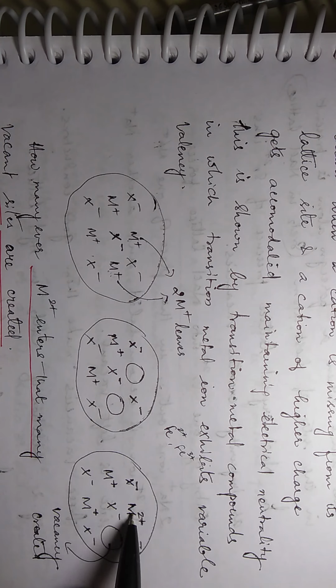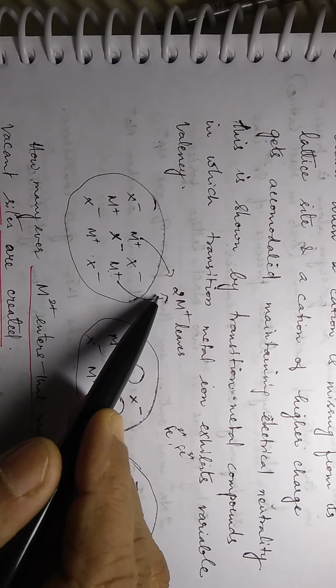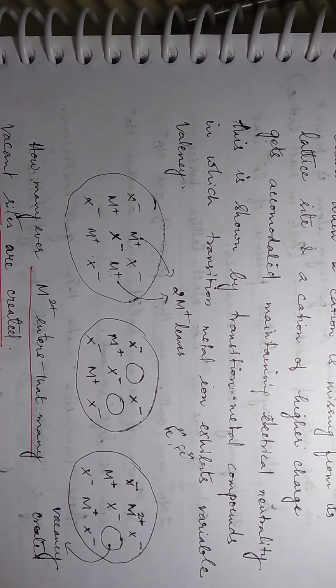The same metal ion having two positive charges is balancing the electrical neutrality. There was no need for another metal ion, otherwise positive charges will become excess, is it not? So this one M2 plus can replace 2 M plus and one vacancy is created, right?